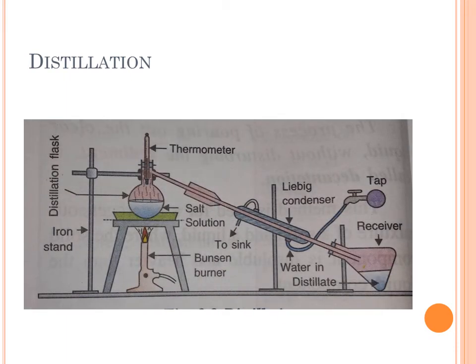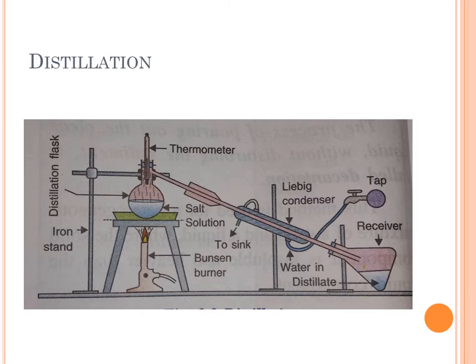Distillation is performed in a special round bottom flask called the distillation flask. A distillation flask is used as it is more resistant to the fracturing of the glass in vacuum and provides uniform heating.